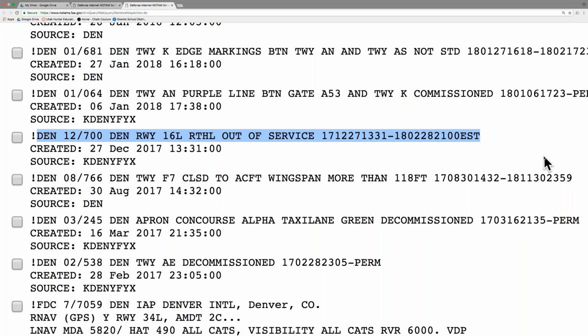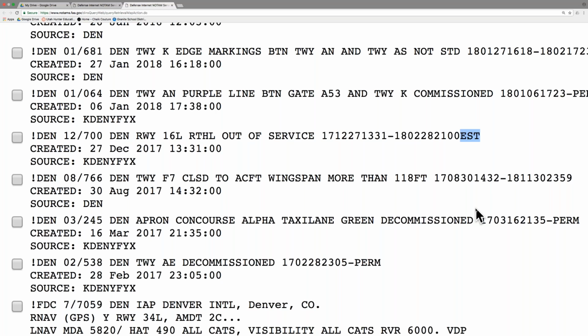And then it was in 2017, the 12th month, the 27th day at 13:31 Zulu, and that's effective all the way until the year 2018, February the 28th at 2100 Zulu. EST stands for estimated.